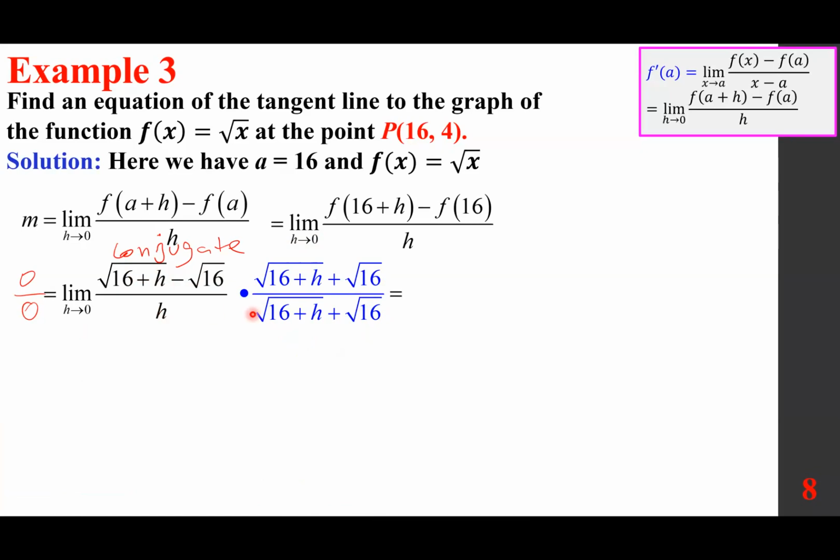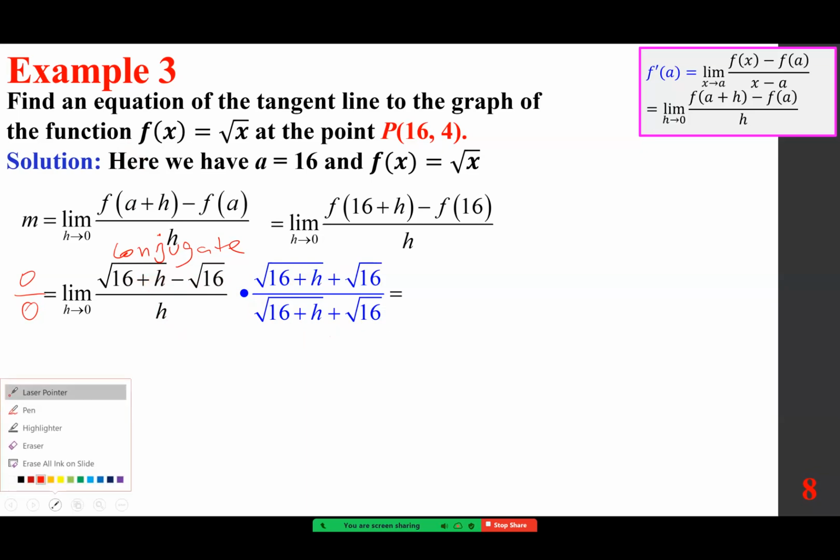So first, what happens to the denominator? You keep it as a product. You never ever distribute. I've said that many times. This is important. The top, this is a minus b, this is a plus b, each one gets squared up. So we get square root of 16 plus h squared minus square root of 16 squared.